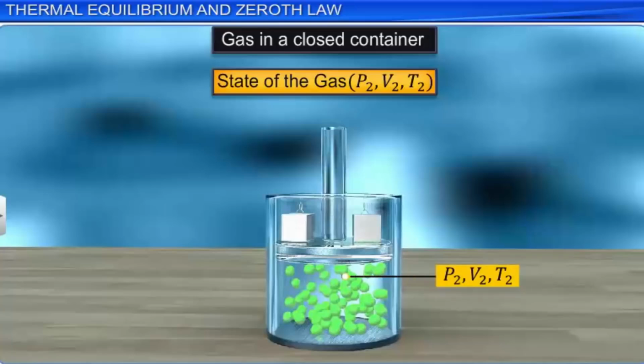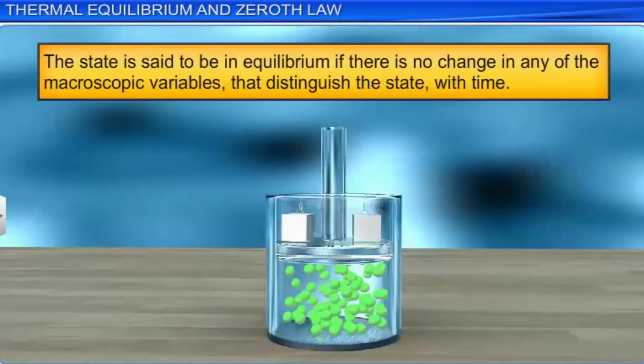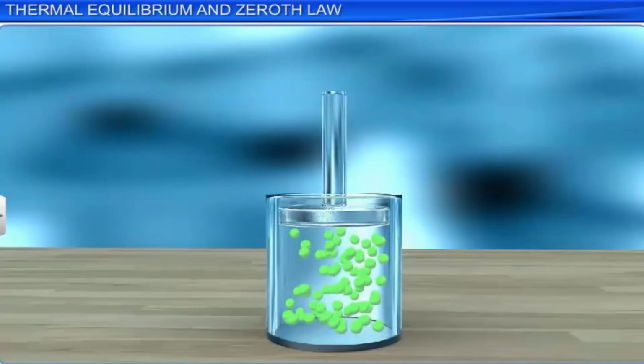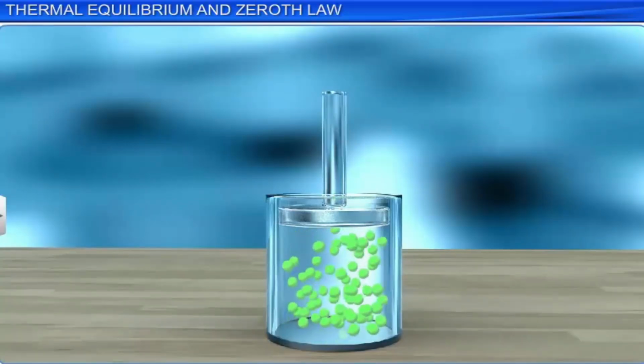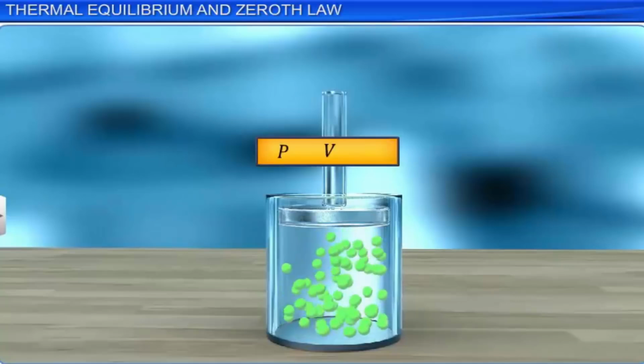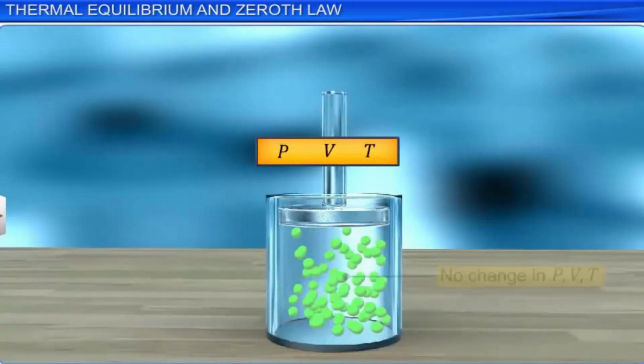The state is said to be in equilibrium if there is no change in any of the macroscopic variables that distinguish the state with time. A system of gas in a container is said to be in equilibrium state if the pressure, volume, and temperature of the gas do not vary with time.